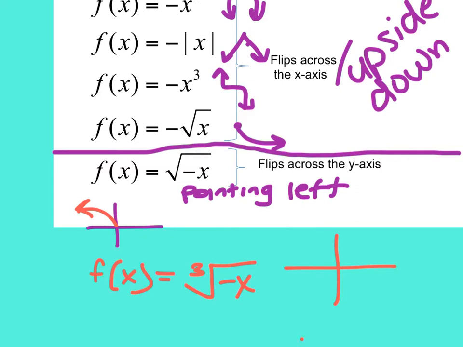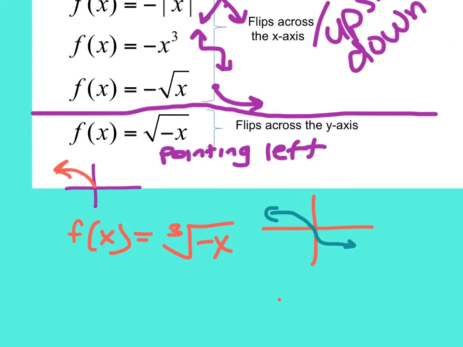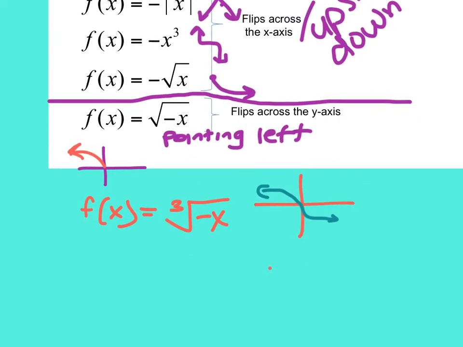Other way around. So it flips it over, which is going to be the same as if it's flipped upside down. So those two look the same, whether the negative's on the front or the negative's on the inside, because whether it's a cube root of a negative number or the negative cube root of a number, it's going to be the same.